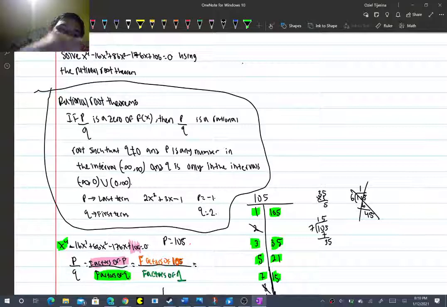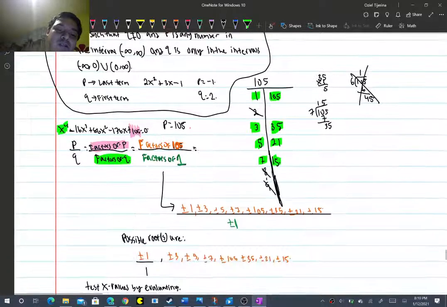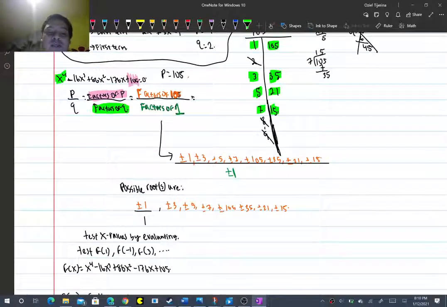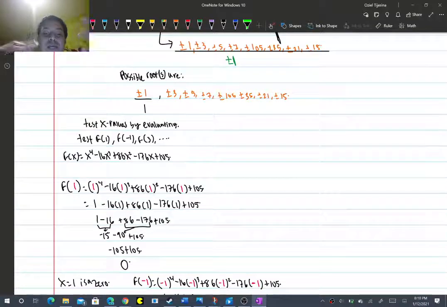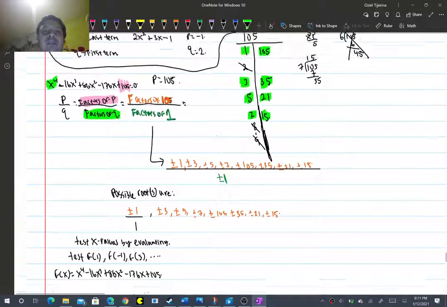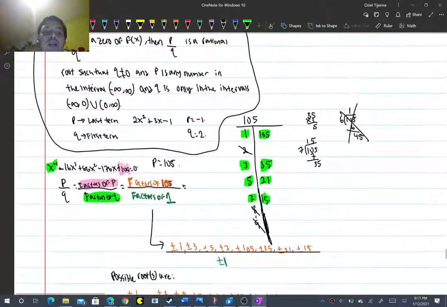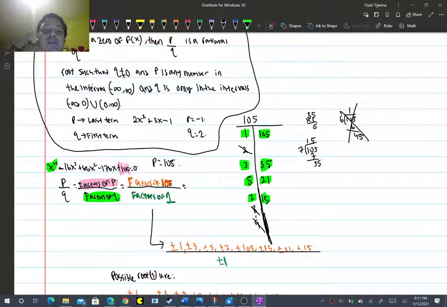Once you understand what it's asking for, and I just did an example to show you how it works, that's kind of the whole idea behind it: you want to do the factors of the last term divided by the factors of the first term.